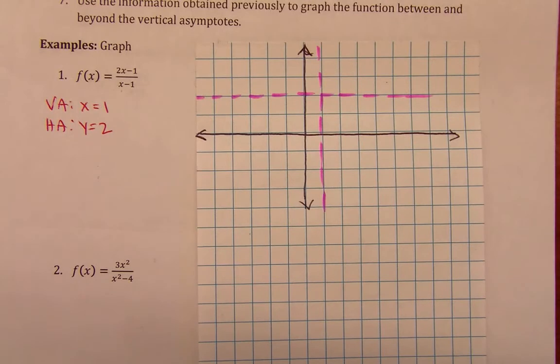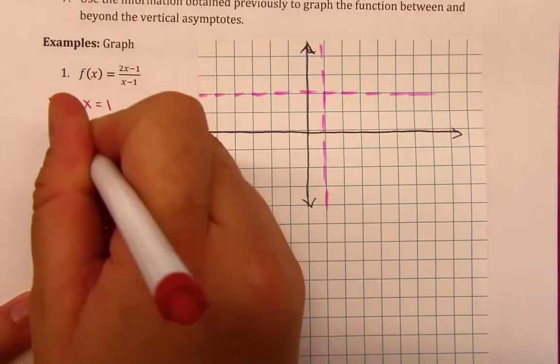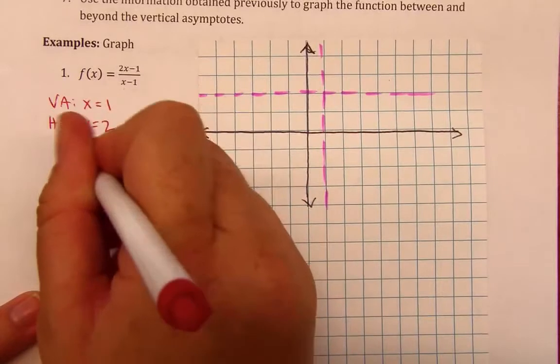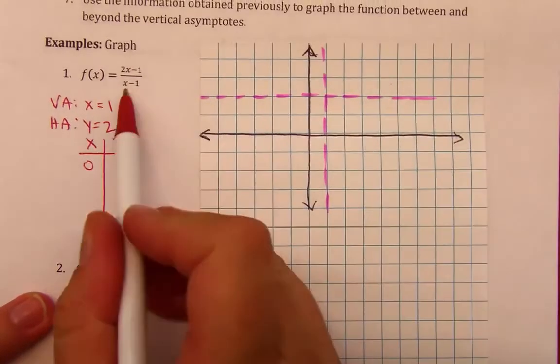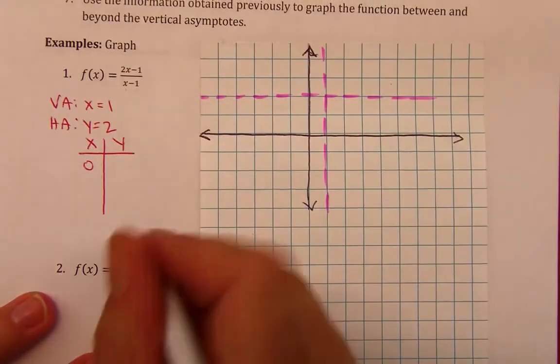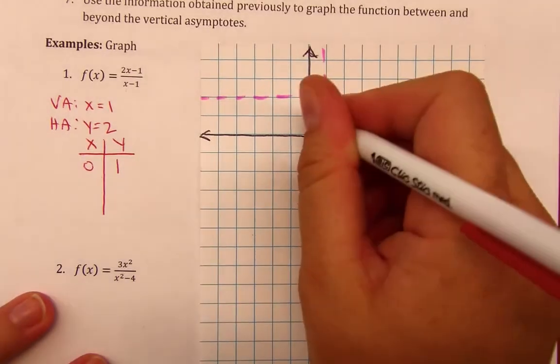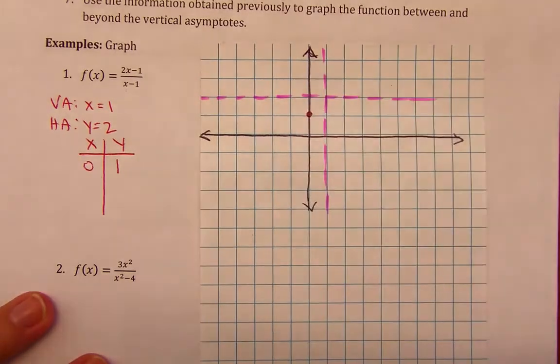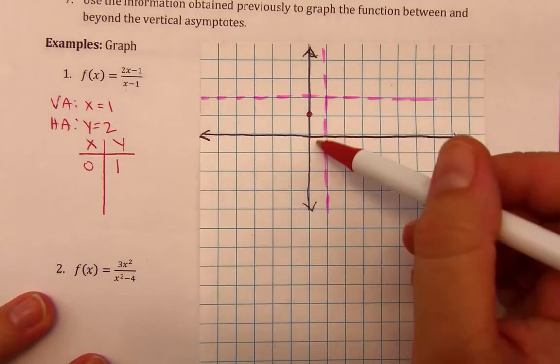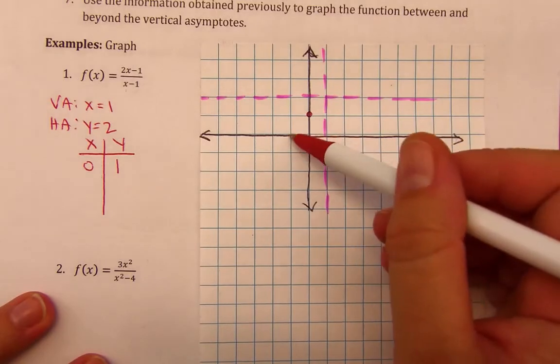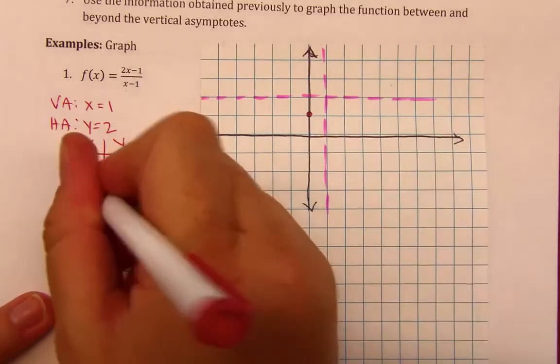And I can start plugging in some values. Like I said before, you can find your y-intercept and plug in 0. So plugging in 0, I get -1 over -1, and that's just 1. So I have the point (0, 1) here. And I'm going to try plugging in maybe 0.5 and then plugging in maybe -1.